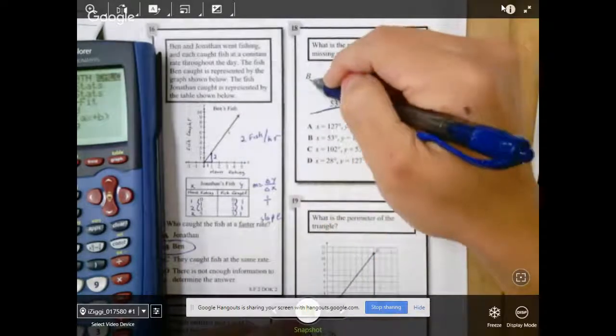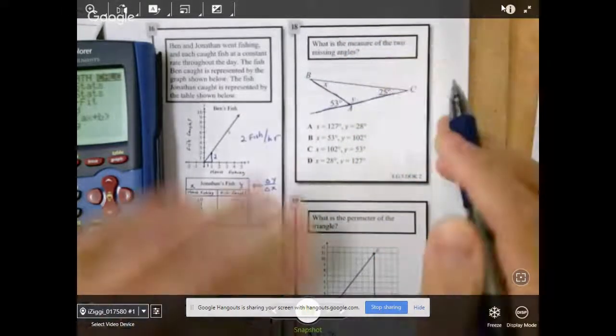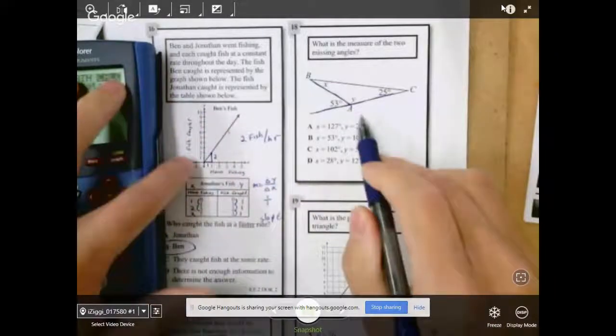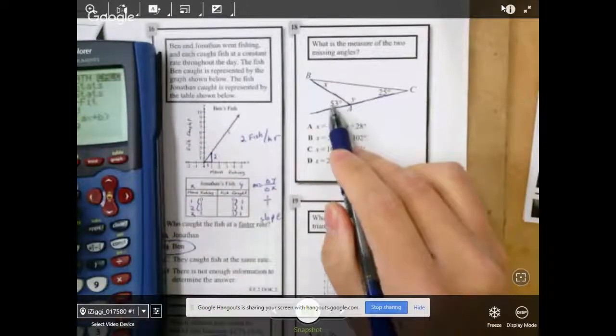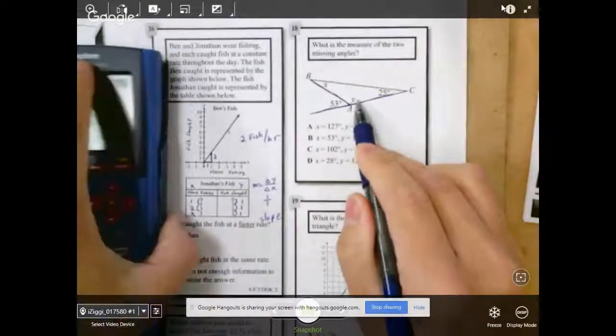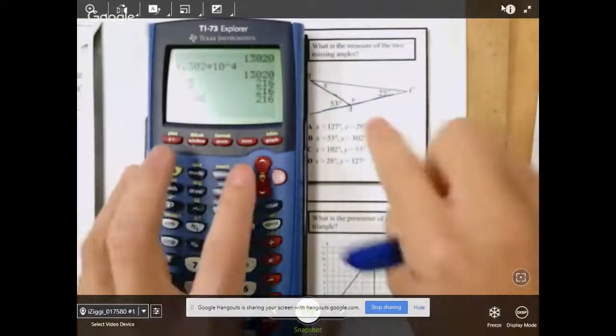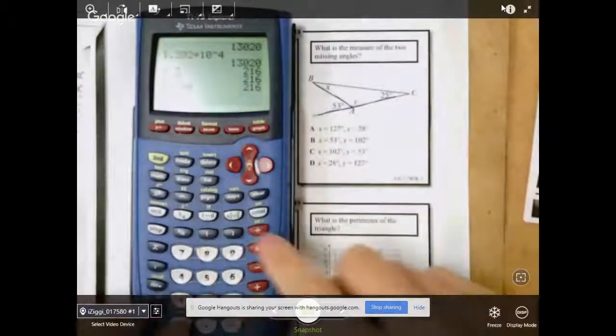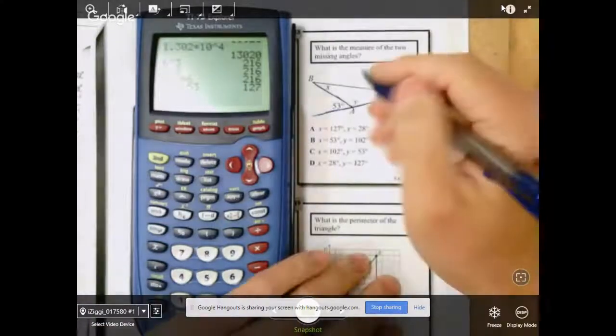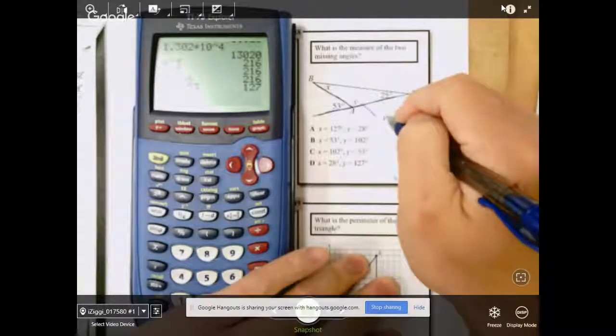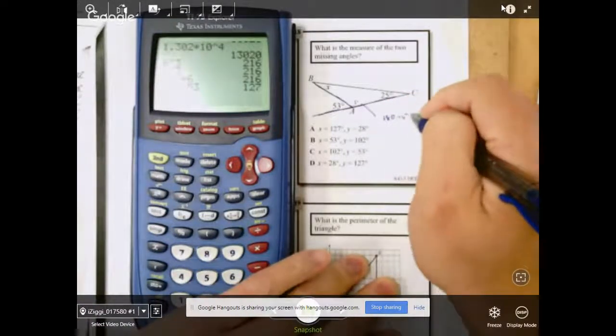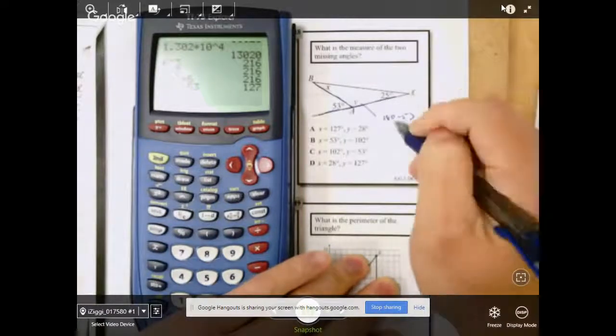So 53, making this angle, plus whatever this angle is, should be 180. So all I need to do is subtract 180 minus 53. So for y, it'd be 180 minus 53, right? y should be 127.